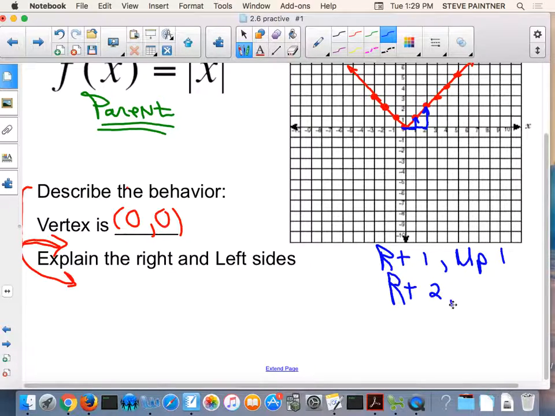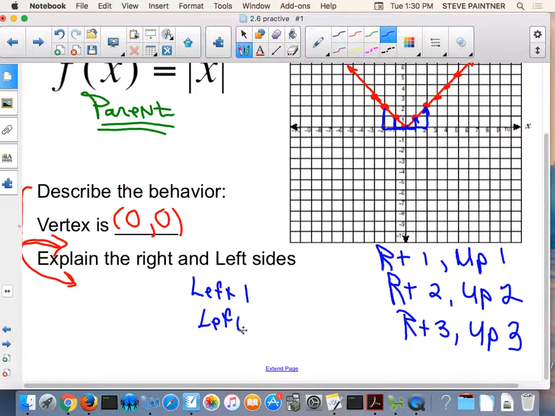Okay, right 2, up 2, and you can keep this going. It's right 3, what? Up 3, right 4, up 4, right 5, up 5. Okay, on the left side, it's what? Left 1, up 1. Yep, left 2, up 2.